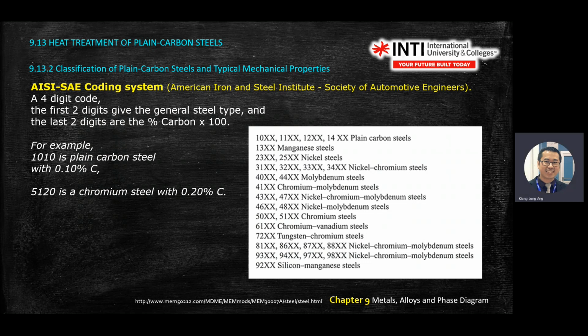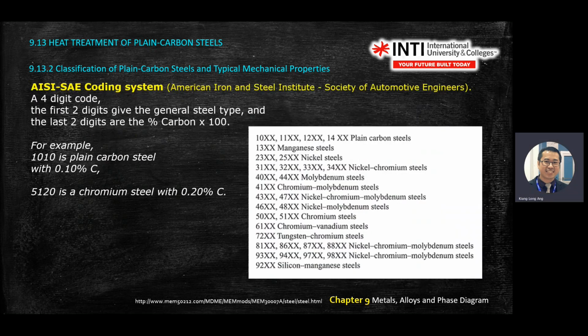For example, 1010: 10 is plain carbon steel, with 0.1% carbon. 5120: 51 is a chromium steel, and 20 here is 0.2% carbon. So this is just a rough introduction. If you go to industry, there's a table for you to refer to.